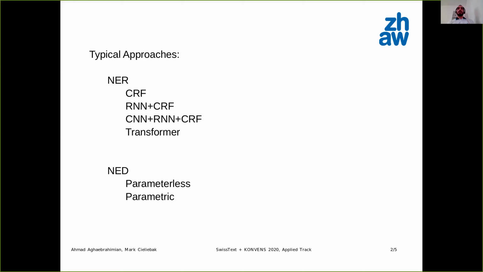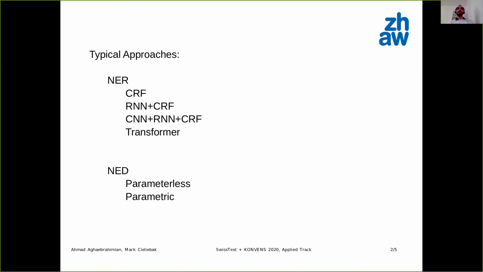These functions are quite fast, but the problem is that they cannot be transferred to other domains, so they have a domain adaptability problem. In contrast, parametric models learn a model with parameters. They can be transferred to other domains with general approaches for transfer learning, for instance. However, they are mostly more time consuming with respect to parameterless approaches.